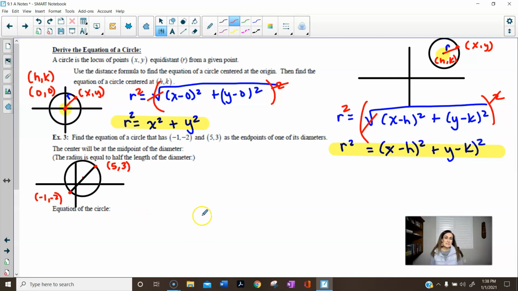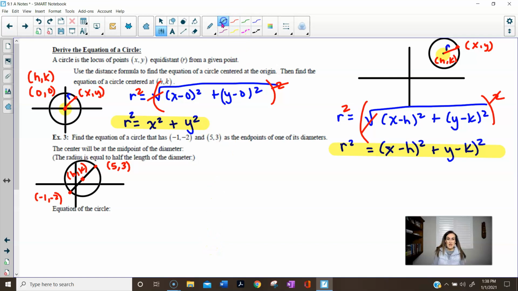What I need to do is find the midpoint, or the center of the circle, because to write an equation of a circle, I need this equation here: r squared equals (x minus h) squared plus (y minus k) squared. The first thing I want to do is figure out what h and k are. And (h, k) is going to be the center of that diameter, or the midpoint of that diameter.